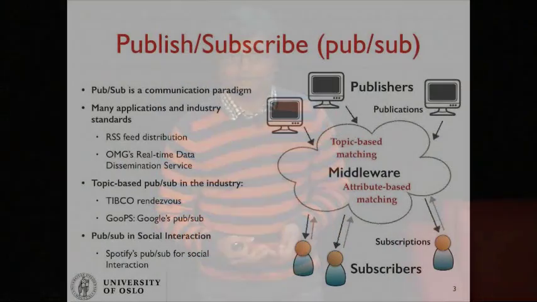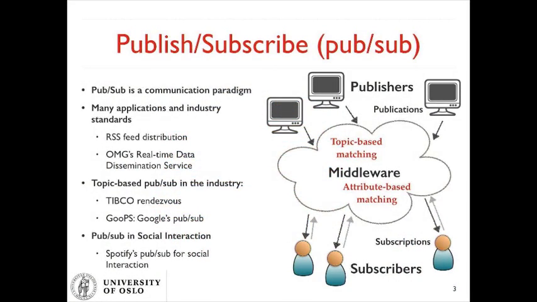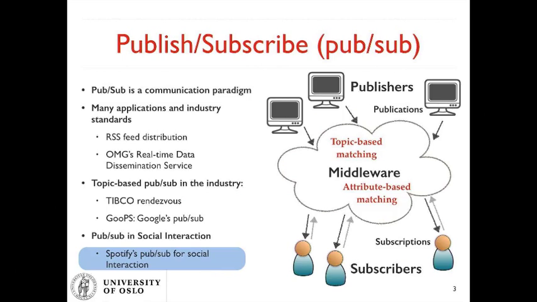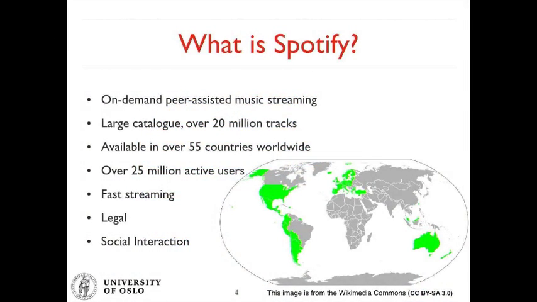And finally, during my thesis, I found out that pub-sub also plays an important role in delivering social interaction events. And this is especially true for Spotify. So I'm not sure if you're familiar with Spotify. If not, it's an on-demand music streaming service. It has a large collection of music tracks with over 20 million tracks.